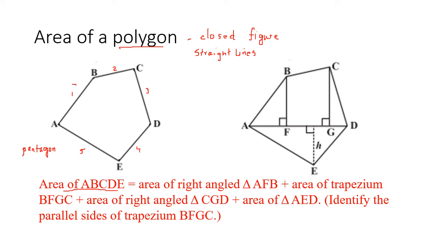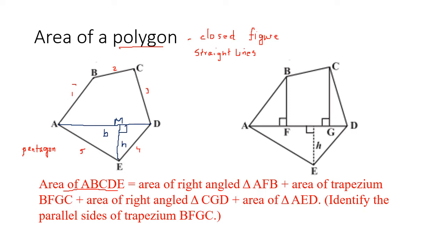In the second figure, we have drawn a diagonal AD. It divides the figure into two parts, 1 and 2. This is a triangle whose area can be found using the formula half base into altitude. Here AB is the base and EM is the altitude H.